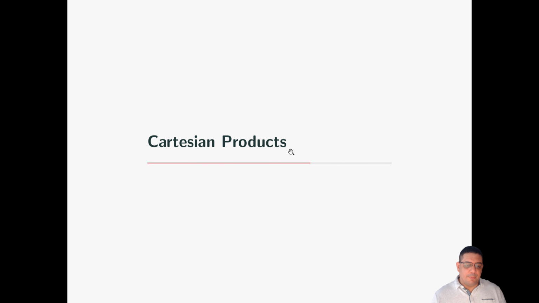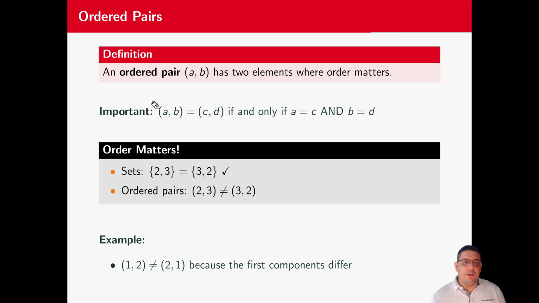Now let's check Cartesian products. So an ordered pair (a, b) in parentheses has 2 elements, and here the order matters. So it matters who's first. So the pair (a, b) is equal to the pair (c, d) if and only if a equals c and b equals d.